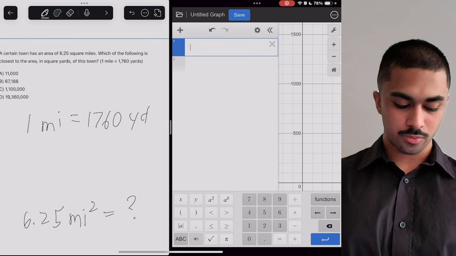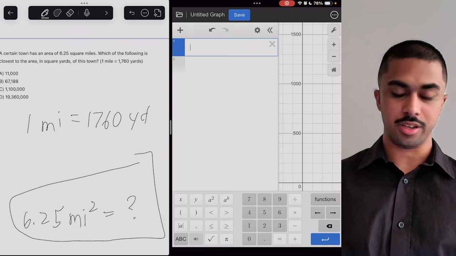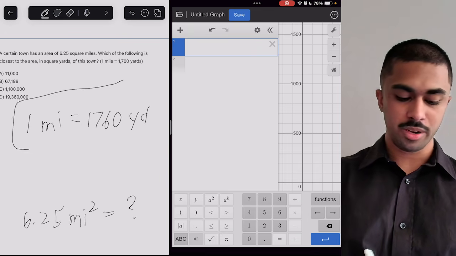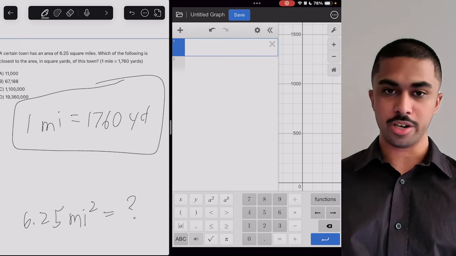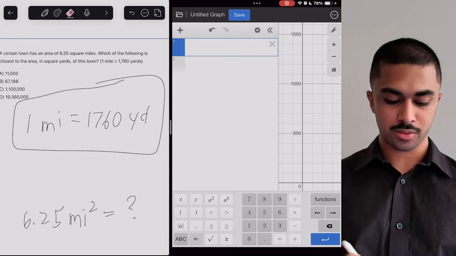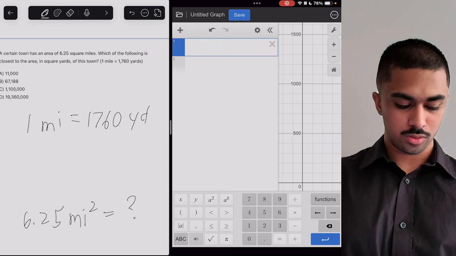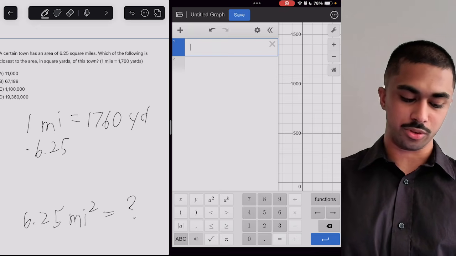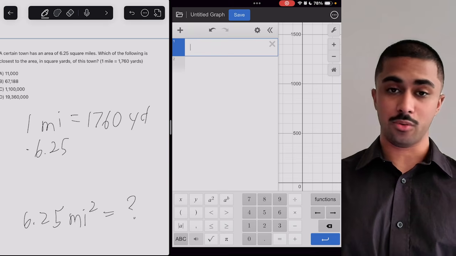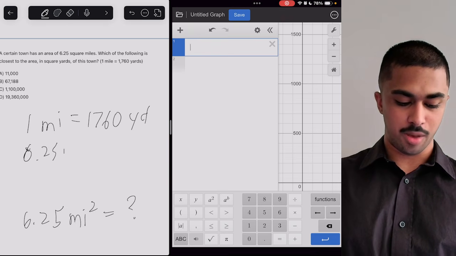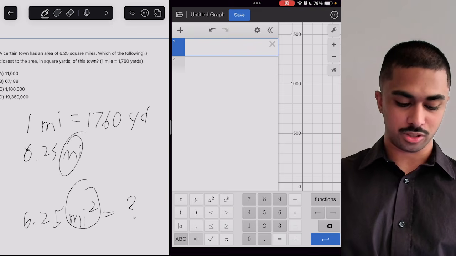What we want to do is we're not allowed to touch this right now, like at all. We can only manipulate this ratio or this equation to look like this. So let's say we multiply by 6.25. This is actually not what we want to do because then we end up with 6.25 miles, but we need miles squared.